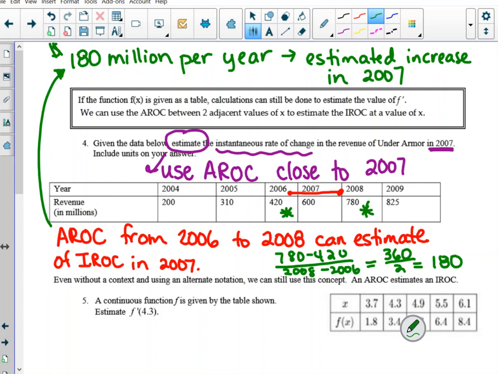If we think about it in a graph, and this was the 460, and this is the 600, and this is the 720. It may not be lined up like that. Let's do like that. Okay. So this is the 2006 value, this is the 2007 value, and this is the 2008 value.